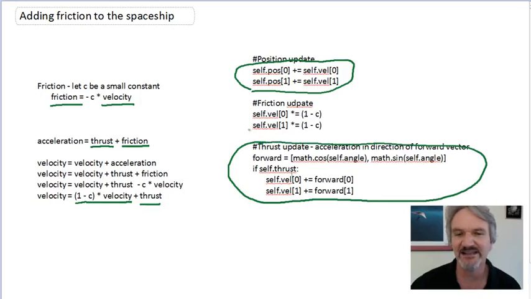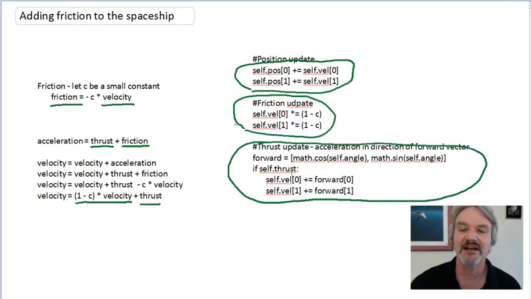And then all we've done is tuck in an update for the velocity vector that says take the old velocity vector and scale it by something just a little less than 1. That's what this star equals 1 minus c does. This is a number just less than 1, and we scale the velocity by it. So if we provide no acceleration, friction is going to eventually make the velocity vector go to 0. These three components here form our entire model for how the spaceship should behave.